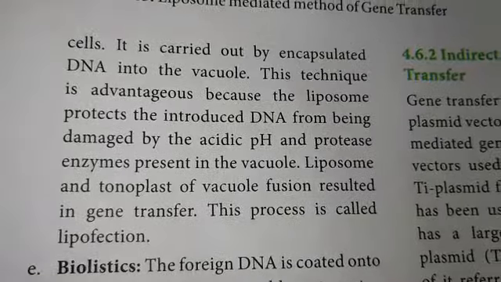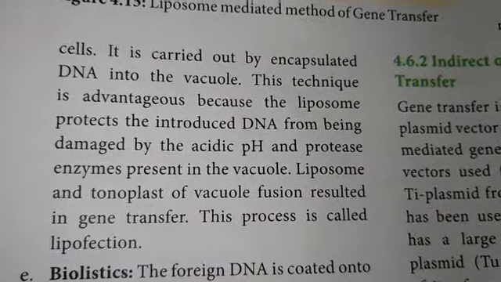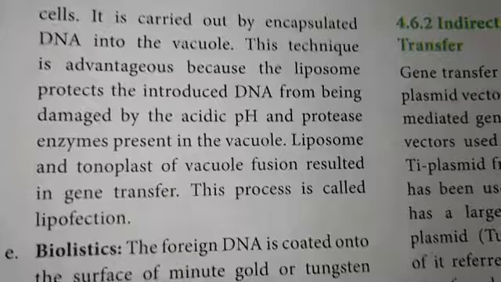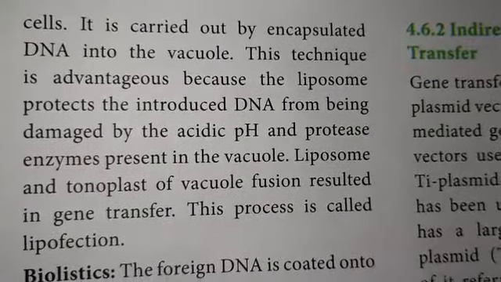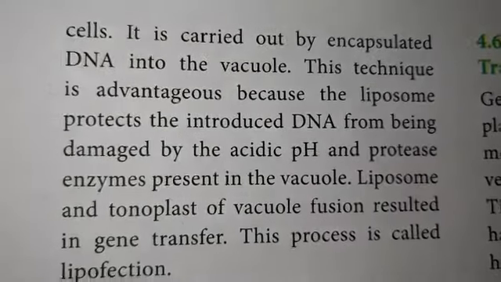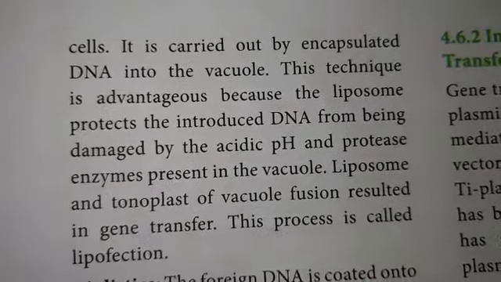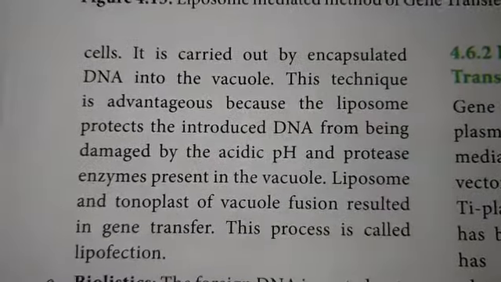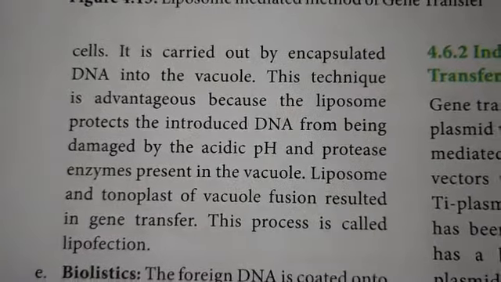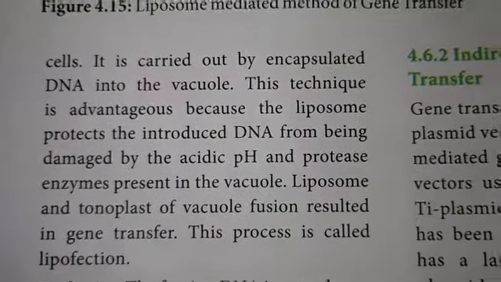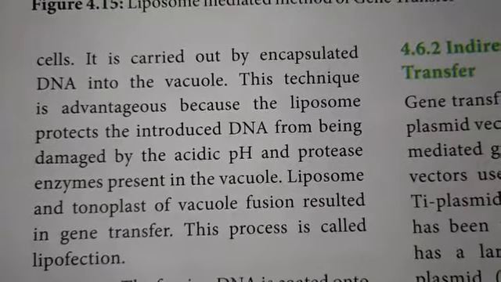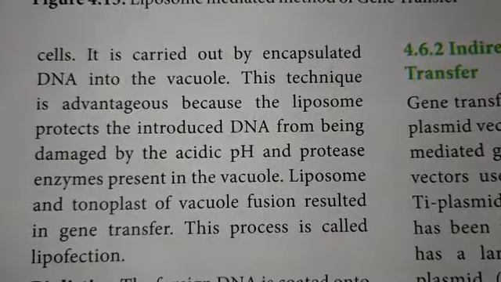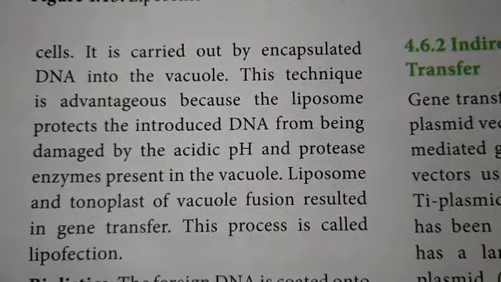So what is meant by lipofusion? It means the fusion of the liposomes and the tonoplast of the vacuole. The tonoplast is the cytoplasmic membrane which surrounds the vacuole and separates the vacuole content from the cytoplasmic content of the cell. So the liposome and tonoplast fusion results in the gene transfer. This process is called lipofusion.